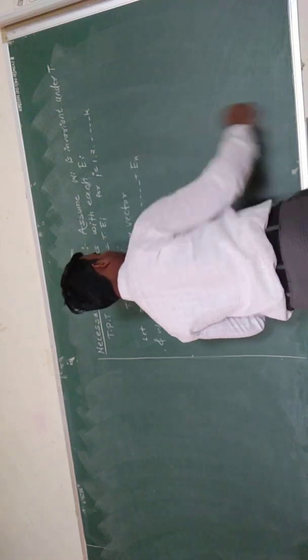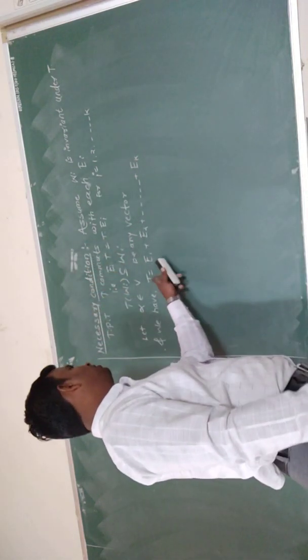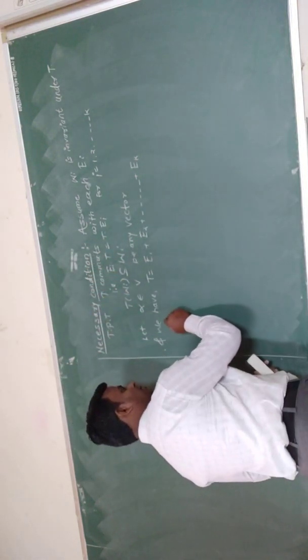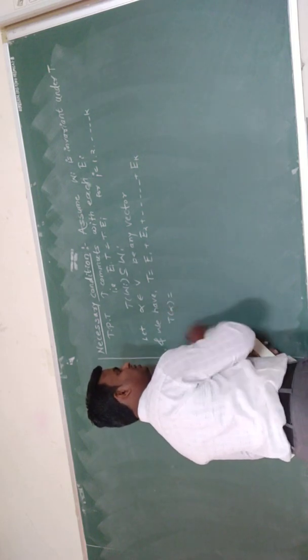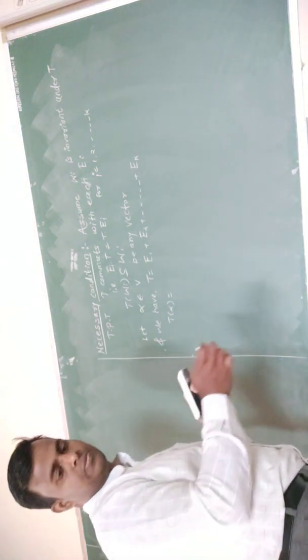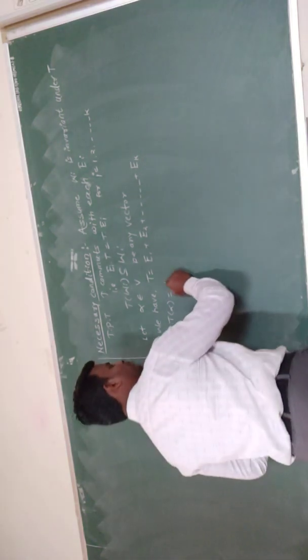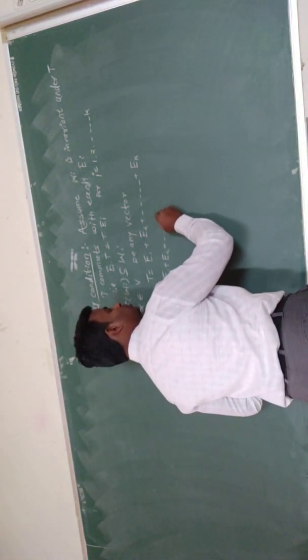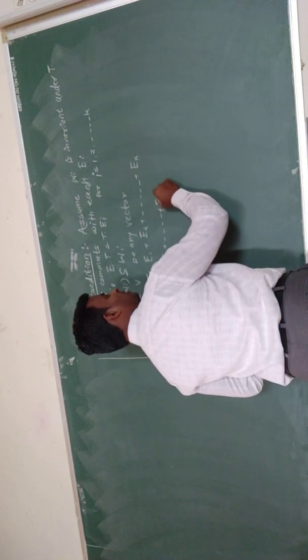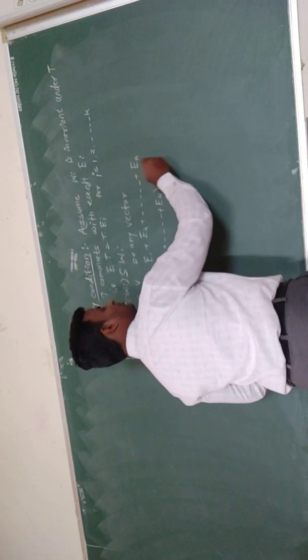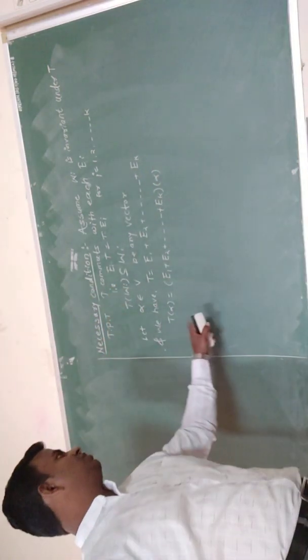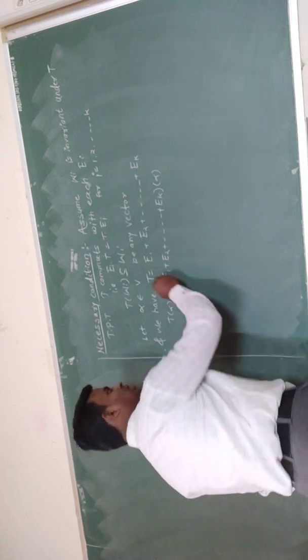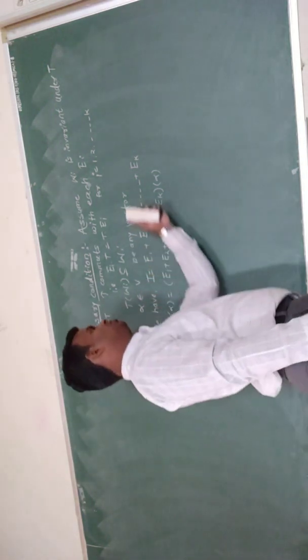Operate this T on alpha. Hence T of alpha is equal to E_1 plus E_2 plus up to E_k of alpha. Sorry, I is equal to E_1 plus E_2 plus up to E_k.